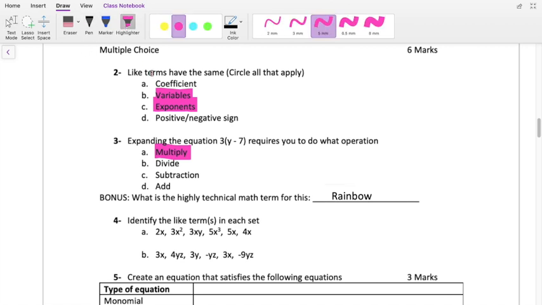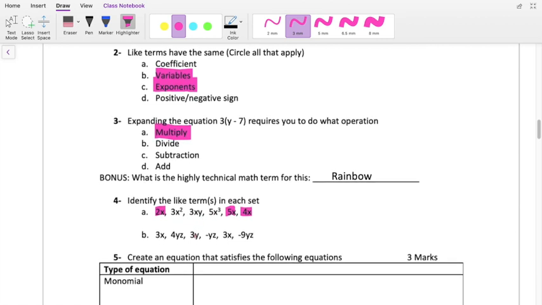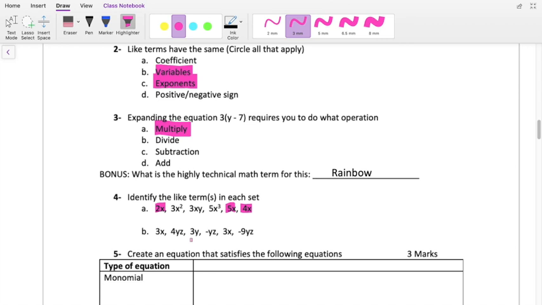Now we need to identify our like terms. So if I look here, I know this and this are like. These all have different variables and exponents. Down here, I take a look and I notice these ones are like here, but also I have some YZs here that are also like.